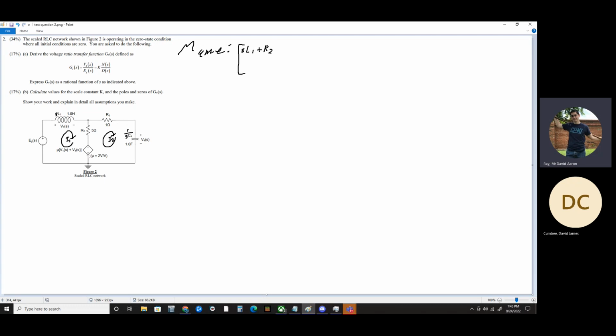We see a dependent source, but we're not worried about sources right now, so we move on to what I1 and I2 share. I1 comes this way, I2 comes this way, and therefore they share R2, so negative R2, and negative R2 here as well. This one is for all the passive elements going around I2: R2 is in here, then R3, and the last component is 1 over SC4.